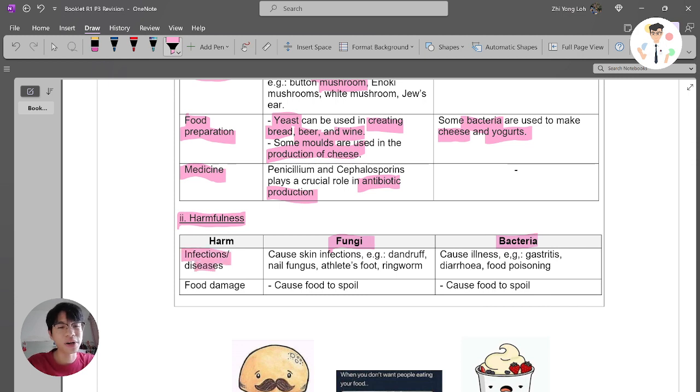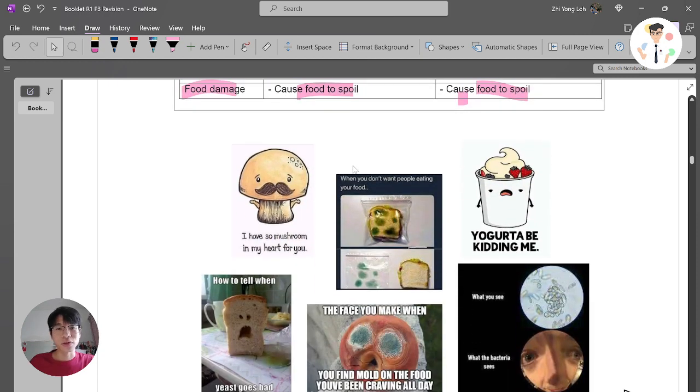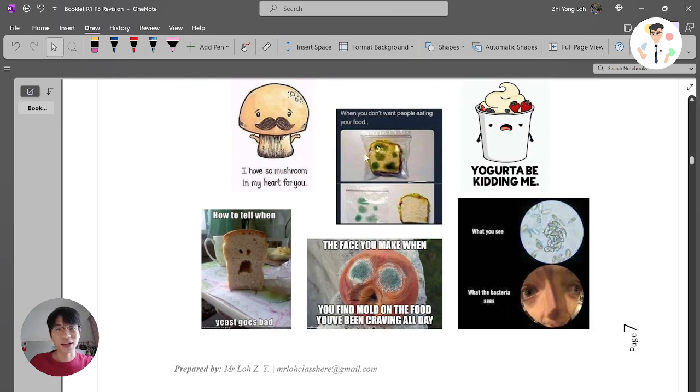Some of the very common infections that fungi can cause are skin infections, okay? And bacteria can cause illness also. Both fungi and bacteria cause food damage. I have some memes for you if you want to read.